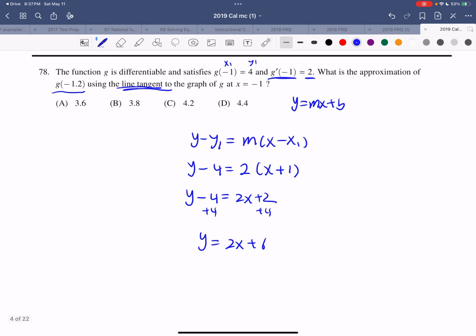But the question is asking you to approximate at -1.2 using the tangent line. So instead of x, I will only put -1.2. That's all you need to do. So 2 times -1.2 is -2.4 plus 6, and -2.4 plus 6 is 3.6. So the answer is A. Like, it's pretty easy.